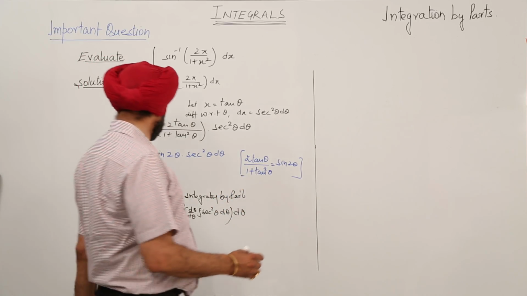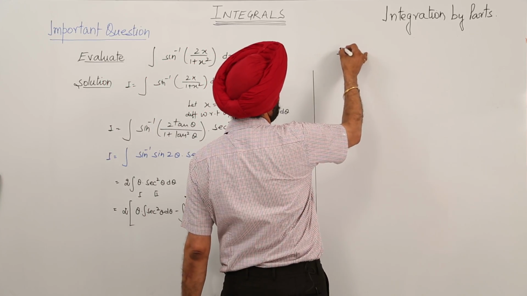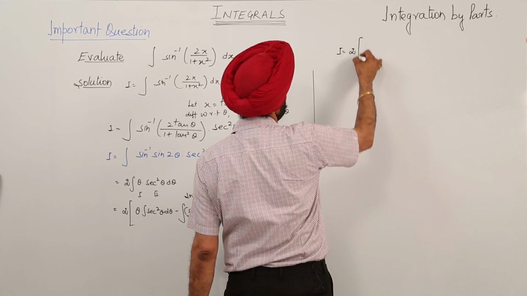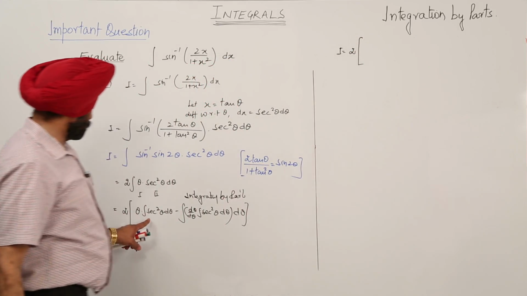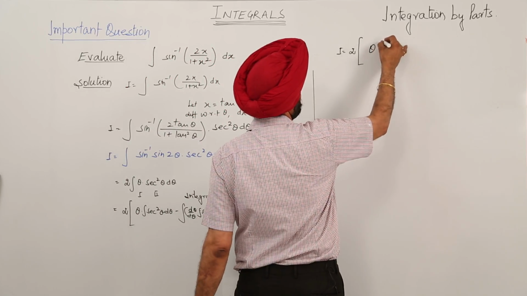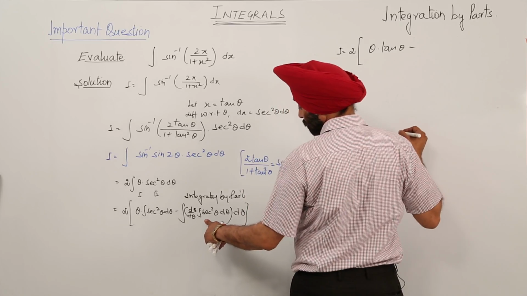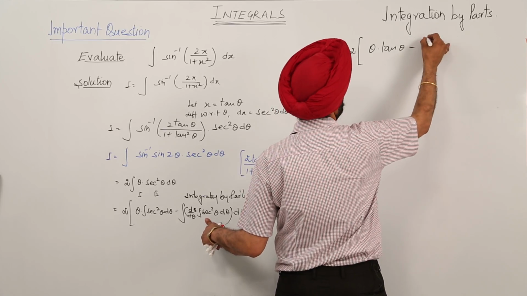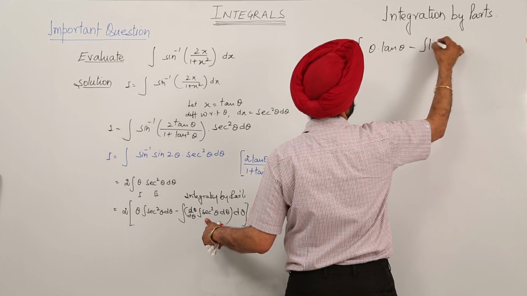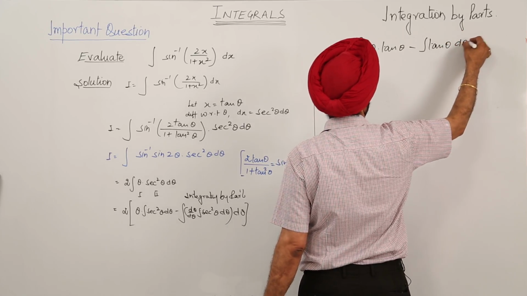Now what are we getting? 2 with theta tan theta minus integration of tan theta d theta.